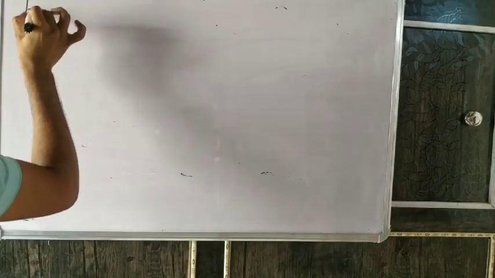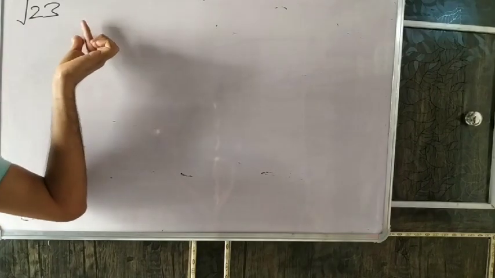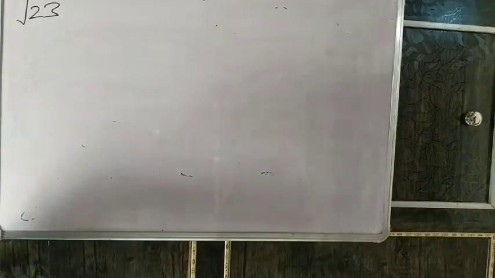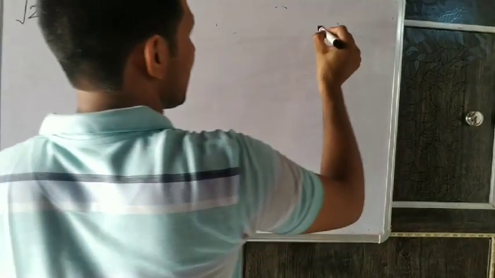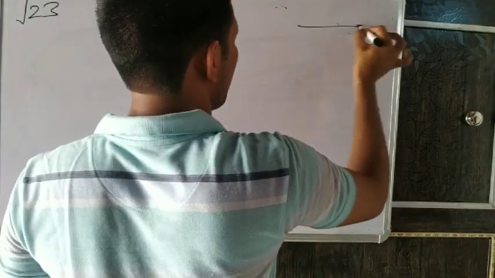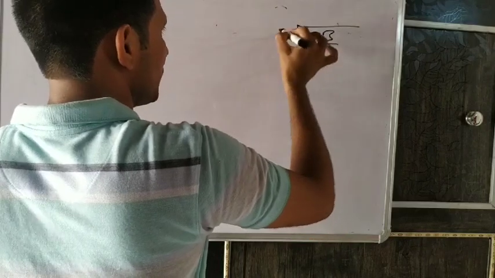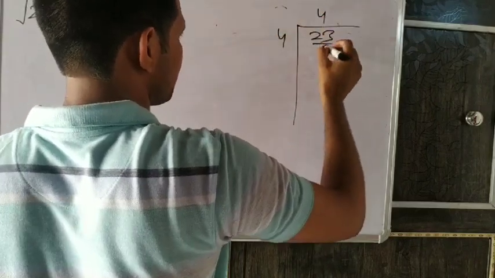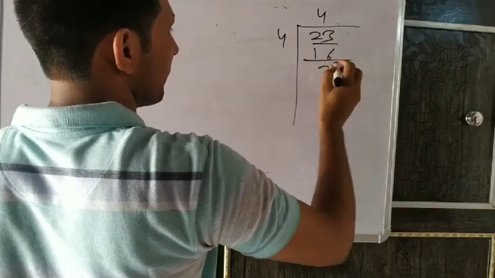Square root of 23. 23 is a prime number, and the square root of a prime number is always an irrational number. Otherwise, in 8th class we already learned how to find a square root: 4 times 4 is 16, how much remains? 7.